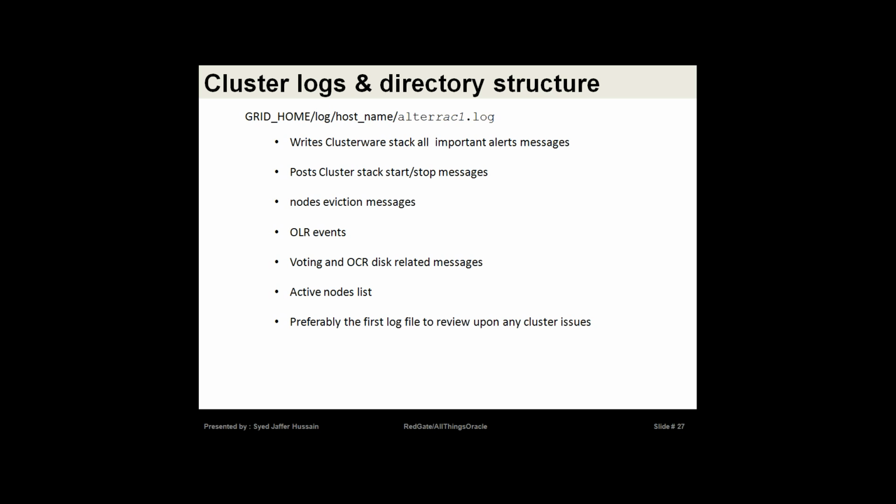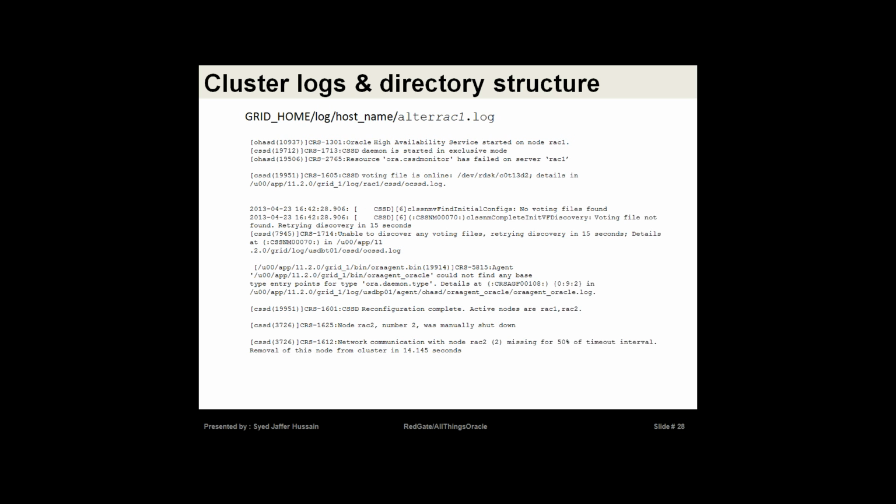And here are a few excerpts from the alert log file. This is the information that is basically written. So you see in the beginning here when the OHASD service is started up, and in case some resources fail to start up, and also let's say if your CSSD is unable to identify or discover the voting file, or if the voting file becomes online.